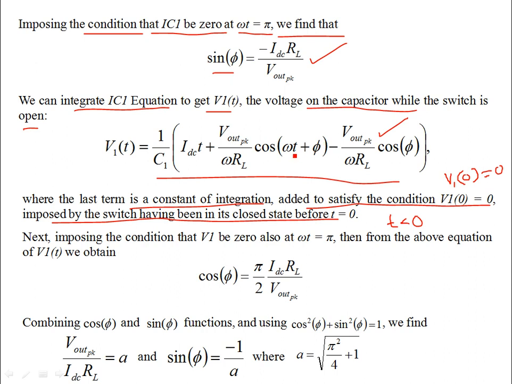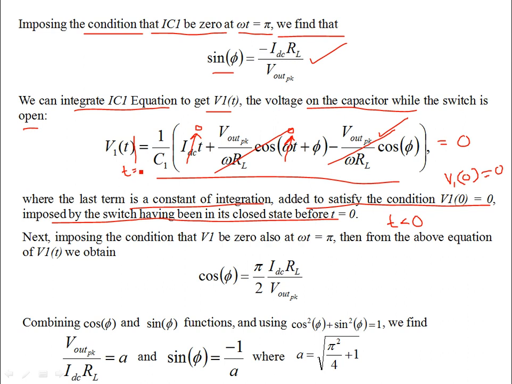If you see over here, you replace this with 0. If you replace this with 0, then this term is going to cancel out with this term. There's a minus over here, and since this t is 0, this term also is 0. At time t equal to 0, this term is 0. So what you're left with is 0. This happens when t is 0 or t is less than 0.